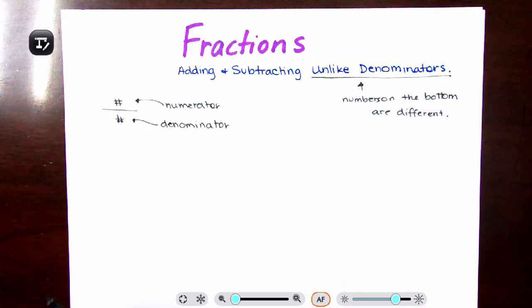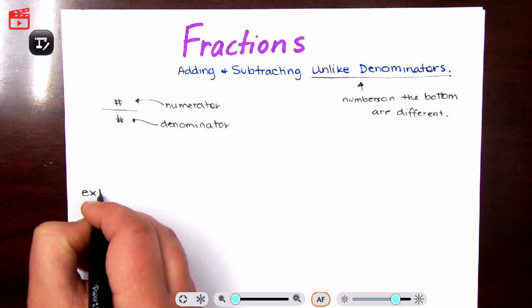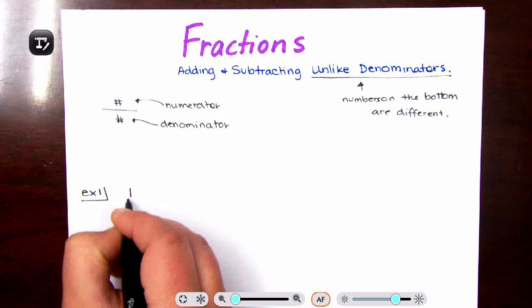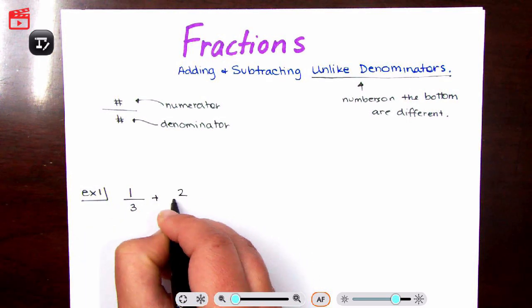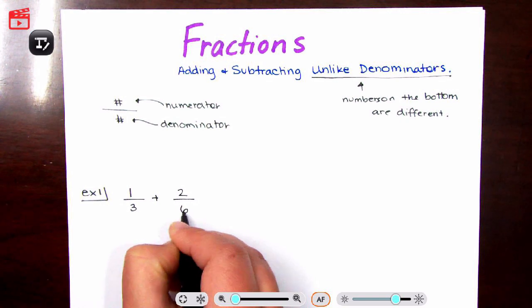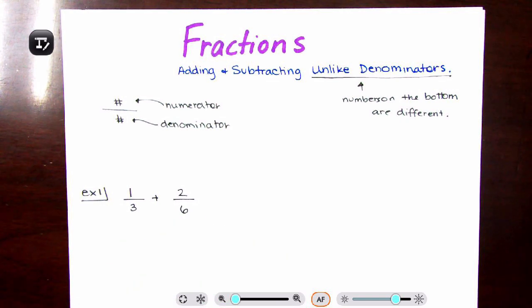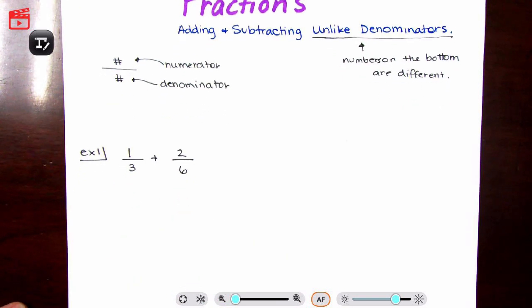So let's do an example. Let's do 1 over 3 plus 2 over 6. When we are adding and subtracting fractions with unlike denominators, it's a little bit more complicated than what we did before.